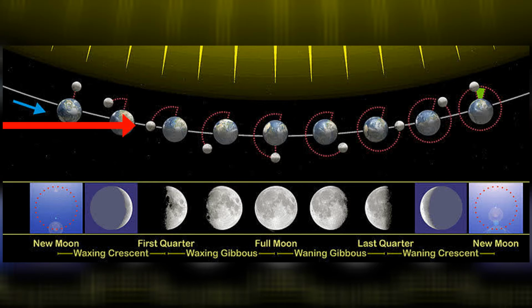And other times it's going to be on the side, one side or the other side, as it goes around. And then it's going to come back around in front of the earth. And it's going to be between the sun and the earth. And then it's going to go back to the side. And then it's going to come back behind. And it's just going to keep going around and around one time per month.